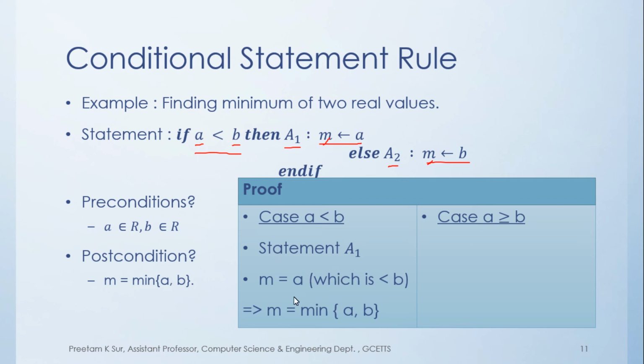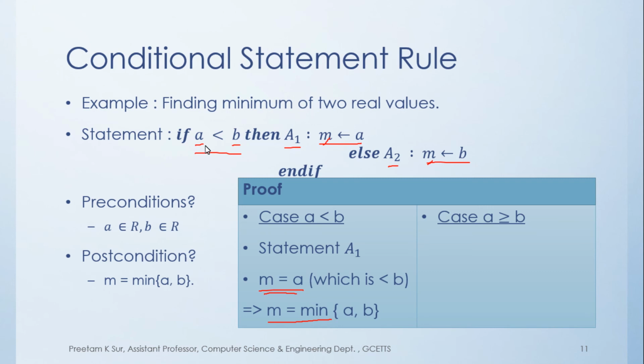In that case, the value of M will be assigned the value of A, or the value of A will be copied into M. Now A1 will be executed when A is less than B. It means between A and B, A is the minimum, so the minimum will be stored in M. That is basically holding the post condition M equals min of A and B.